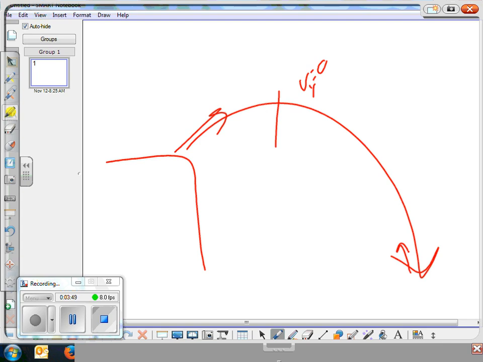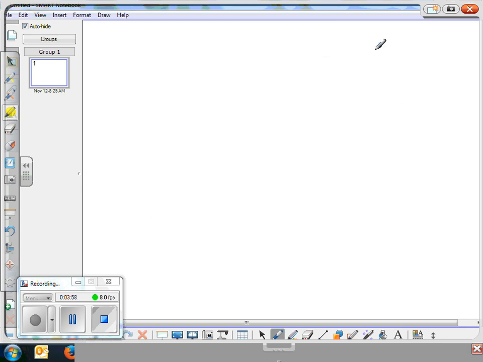So I'm just going to give you a couple examples of how we would do something like this, and then I'll let you give it a try. Let's just say that we have a cliff that's that high, and we'll say that we have an angle here. Well, let's say we don't know the angle. Let's say that the total time that it takes to do this is 4 seconds.